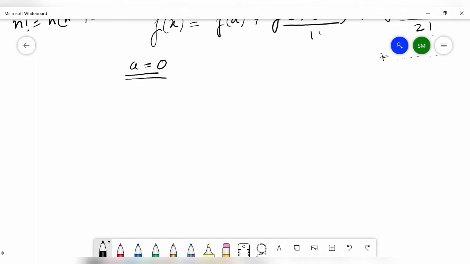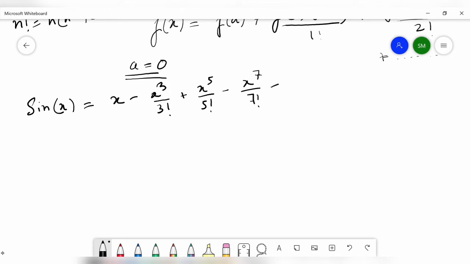And from the Taylor series expansion we find that for sine x, the Taylor series goes something like this: x minus x cubed by 3 factorial plus x to the power 5 by 5 factorial minus x to the power 7 by 7 factorial plus x to the power 9 divided by 9 factorial, and so on and so forth.